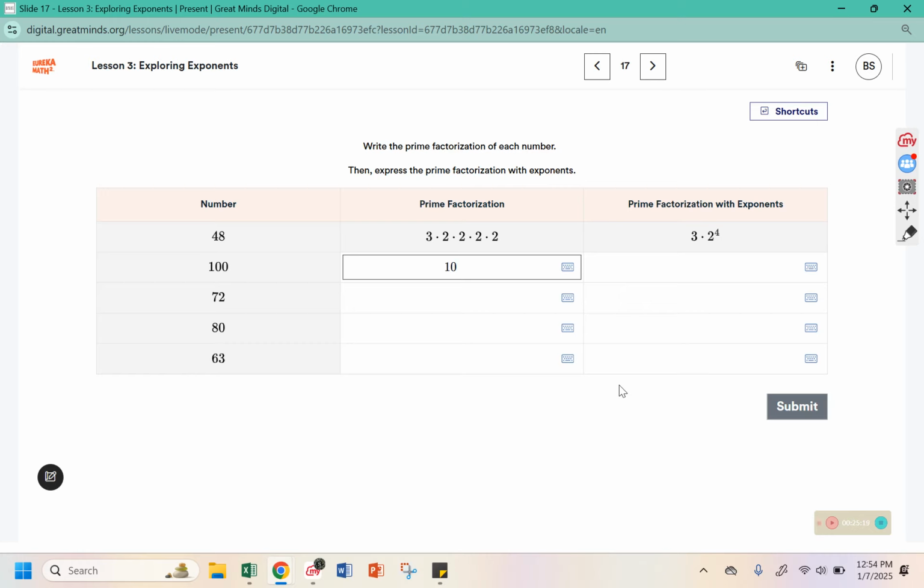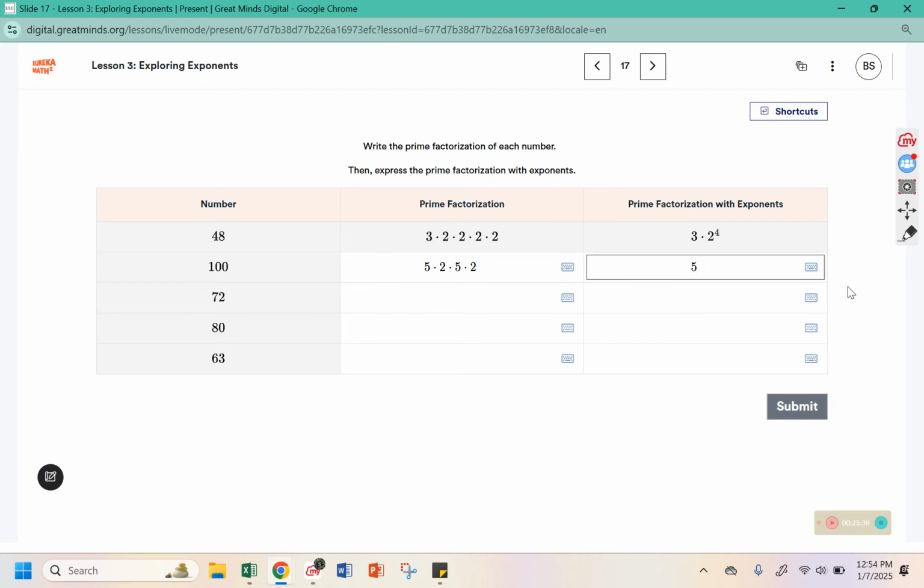100 is 10 times 10. But 10 can be rewritten as 5 times 2. And this 10 can be rewritten as 5 times 2. There's 2 5s and 2 2s.